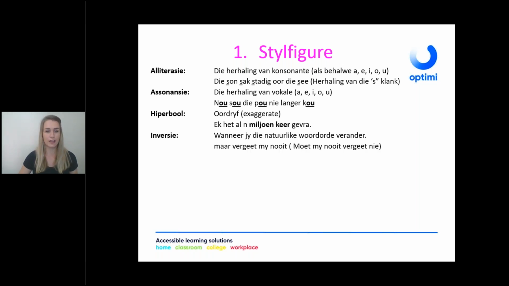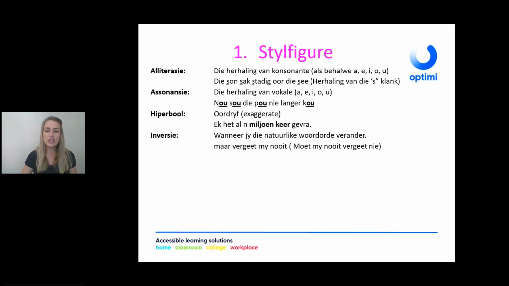Dan inversie. Dit is wanneer jy die natuurlike woordorde van 'n sin verander. That is when you change the natural word order of a sentence. There's two reasons why people do this. The first reason is so that that verse fits into the rest of the poem's structure, rhythm or rhyme.